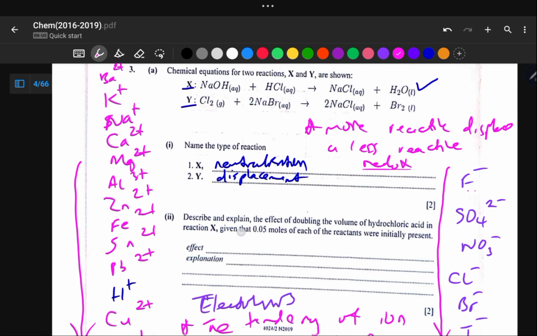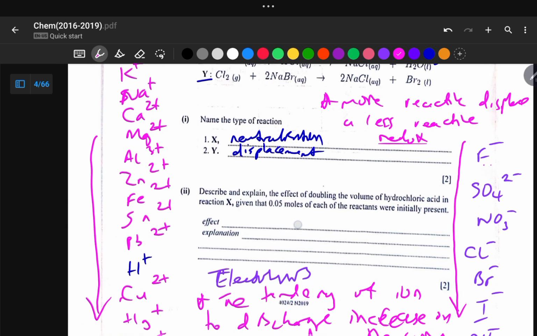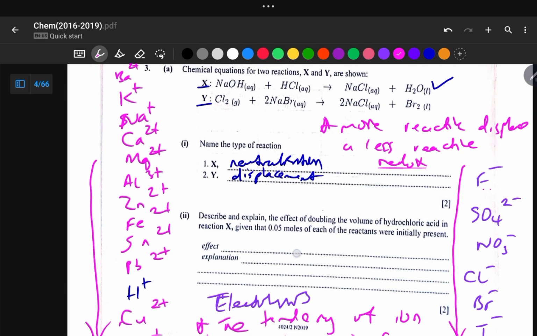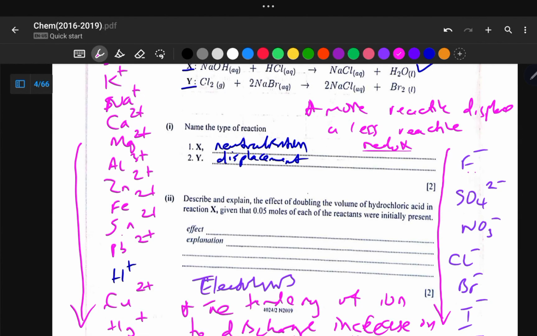Meaning barium is a stronger reducing agent than copper, and so on. Sodium is a stronger reducing agent than tin. Fluorine is a stronger oxidizing agent than iodine, than the sulfate.